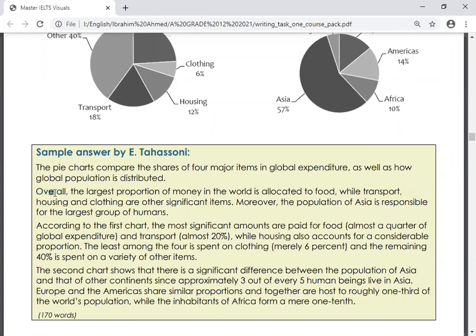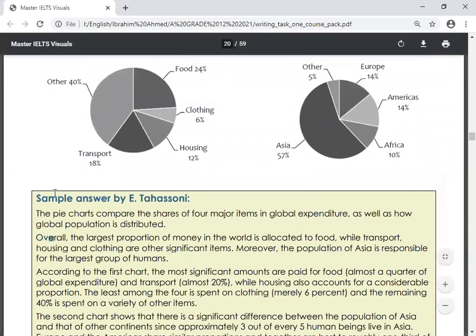The largest proportion of money in the world is allocated to, is given to food. As you can see, 24%. This is the largest thing, excluding this part because there are many things.